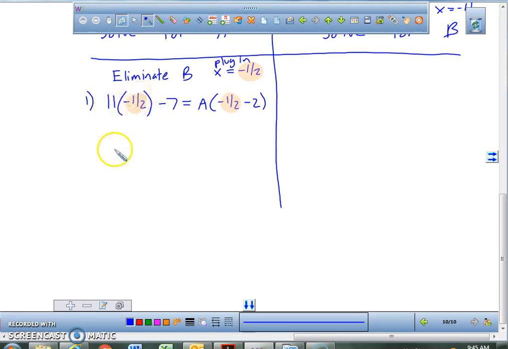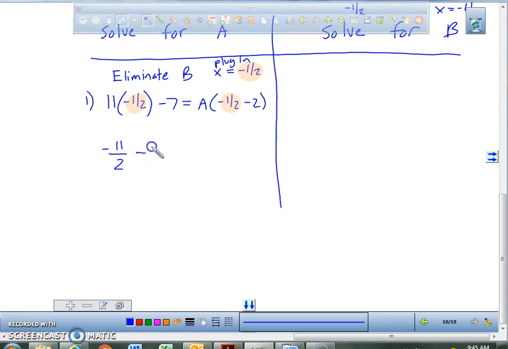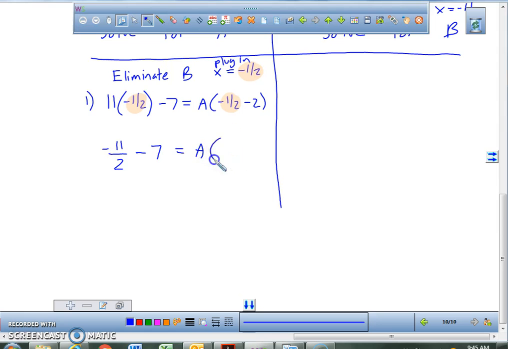A negative half times 11 is negative 11 over 2, minus 7 equals a times, now negative half minus 2 is negative 2.5, which is the same as negative 5 over 2.